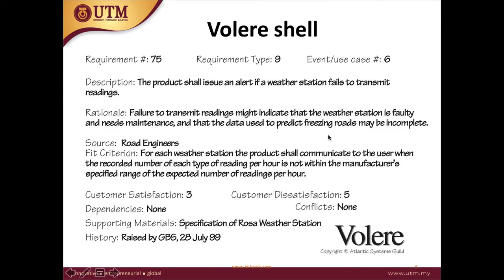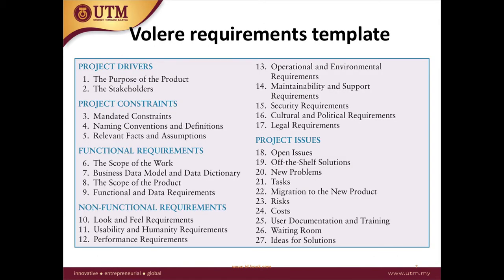This is one example, the Volere shell, about how to capture requirements about a product. For example, the product shall issue an alert if a weather station fails to transmit readings, with rationale, source, and so on. So this is the Volere template that can be used to capture requirements and user needs. The Volere requirements template covers a lot: project drivers, project constraints, functional requirements, non-functional requirements.